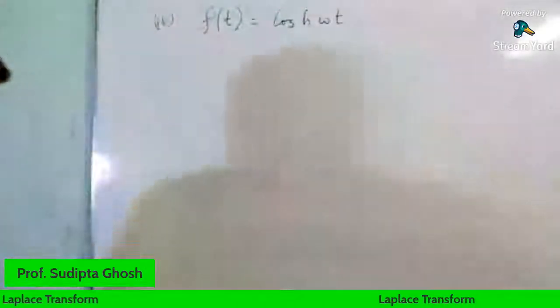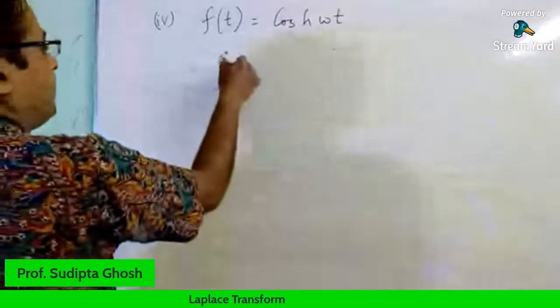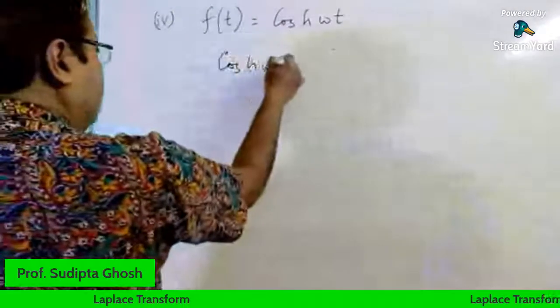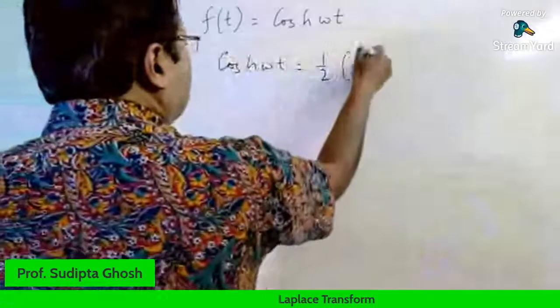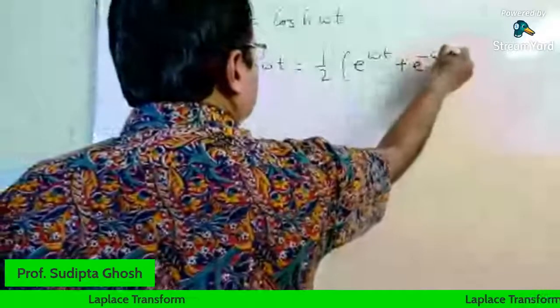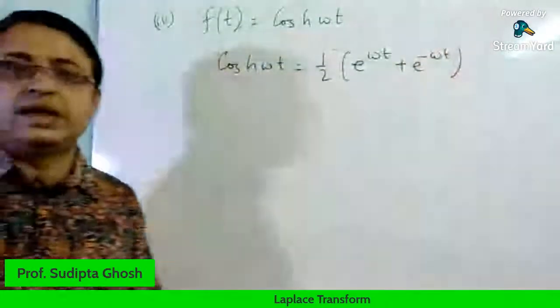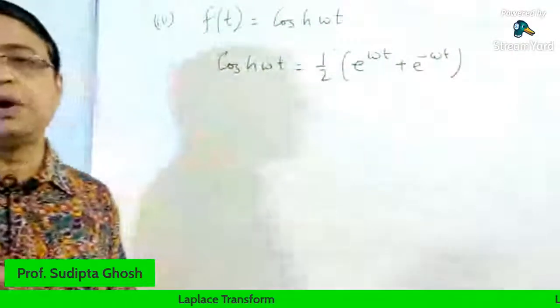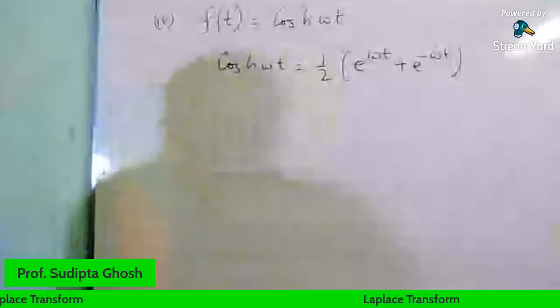Now, as we know, the cos hyperbolic function can be written as half of e to the power omega t plus e to the power minus omega t.